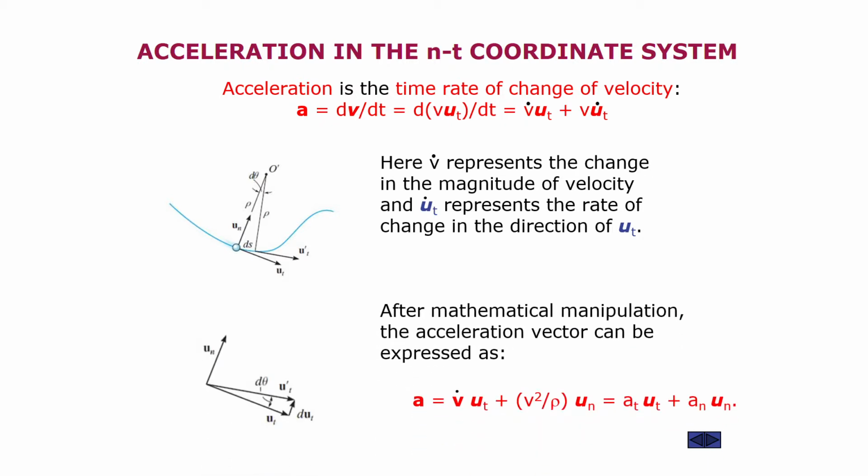So for the acceleration vector, whenever the question asks you to write it in vector form, you have to include u_t and u_n, with v dot and v squared over rho, where v dot is the tangential acceleration and v squared over rho is the centripetal or normal acceleration. Bear in mind that formula.